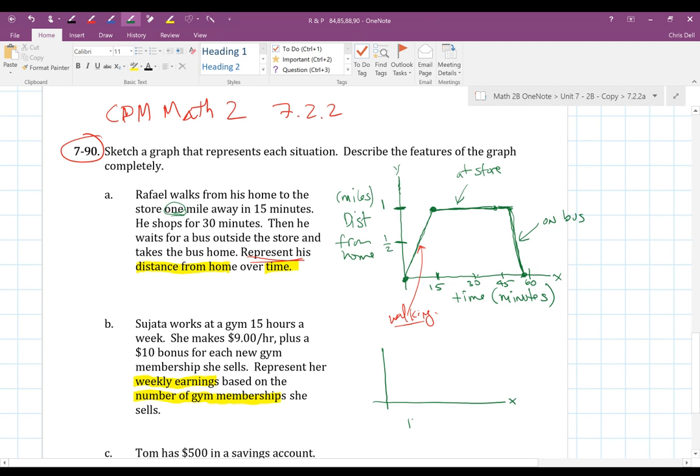That's my x-axis. The y-axis is going to be her weekly earnings.